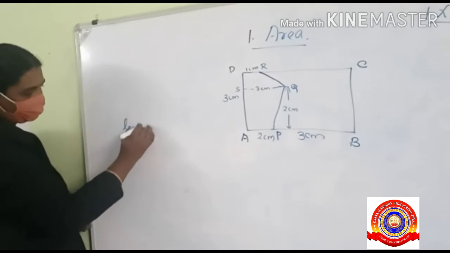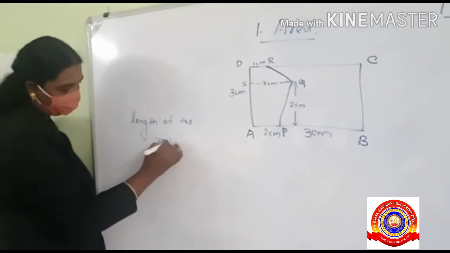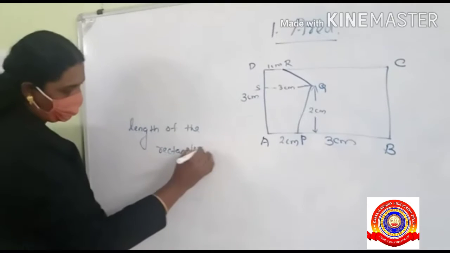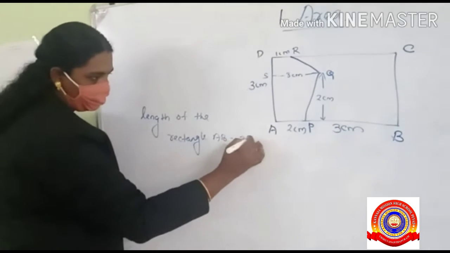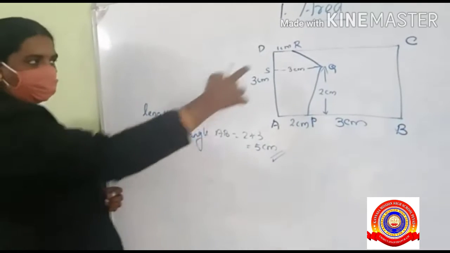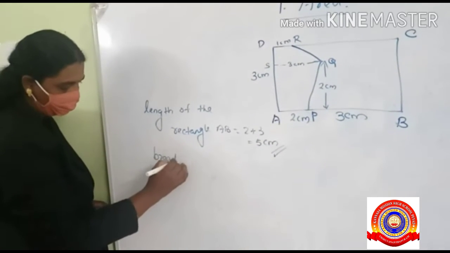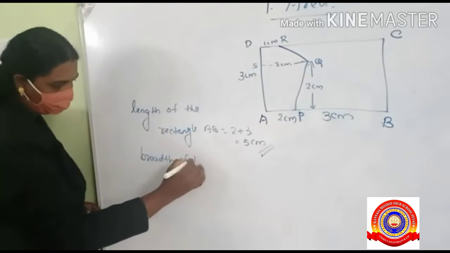That means the length of the rectangle AB equal to 5 centimeter. Next, AD, the breadth of the rectangle AD equal to 3 centimeter.